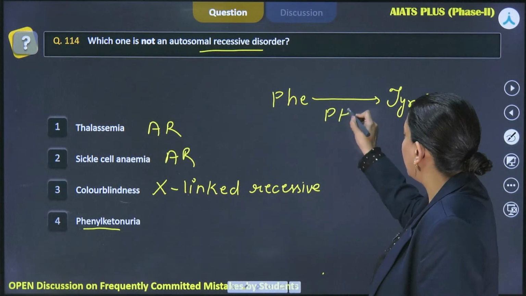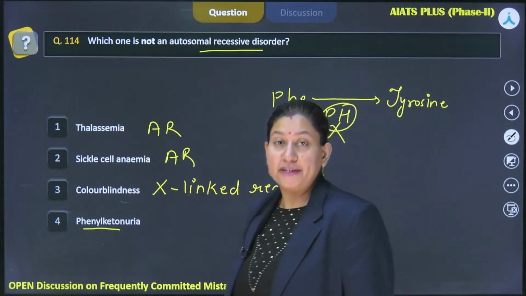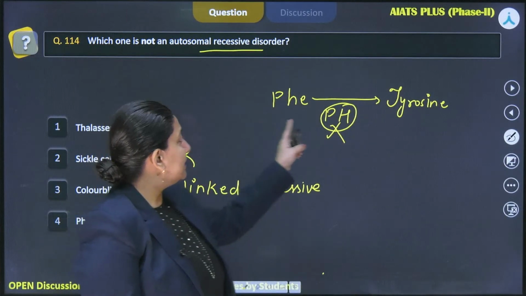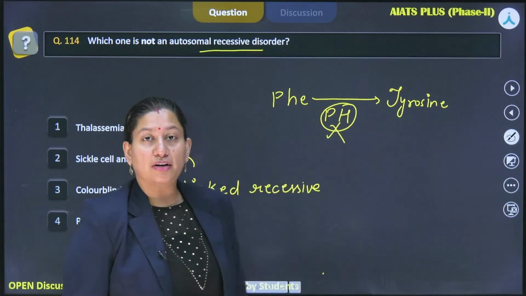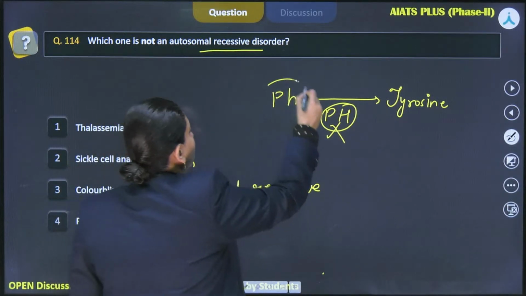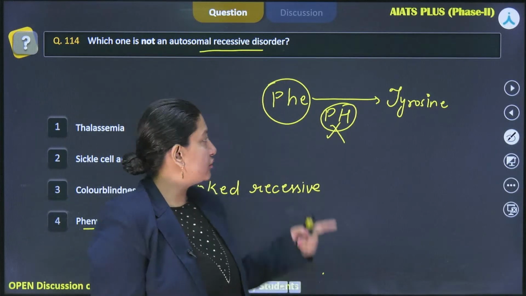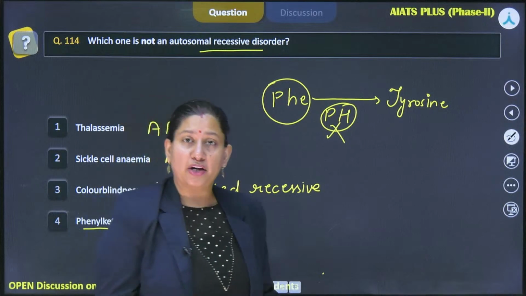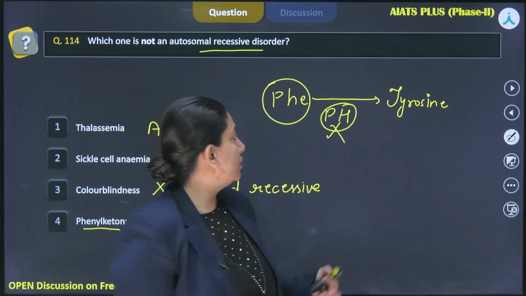This particular enzyme is not found in the affected individuals, due to which this conversion is not taking place. And now if this conversion is not taking place, what's going to accumulate? Phenylalanine, right? As it's not a stable form, it is going to convert into phenylpyruvic acid and certain other derivatives because of the metabolic reactions.